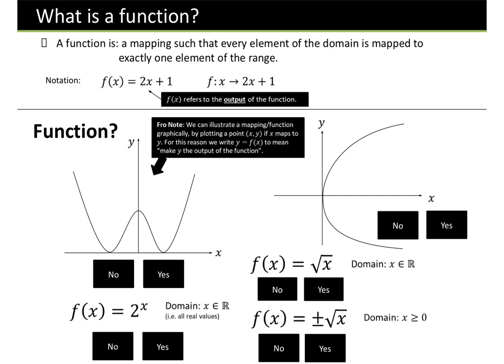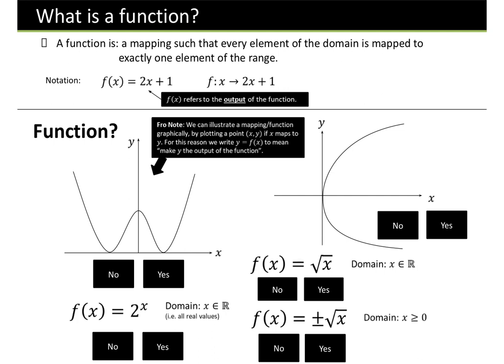As you can see with the quartic graph on the left-hand side, the one that looks like a W, for each input, the x value, we only get one particular y value output. This is how I learned to check this when I was younger. I was always taught that if you want to check if something's a function, you use the vertical line test.